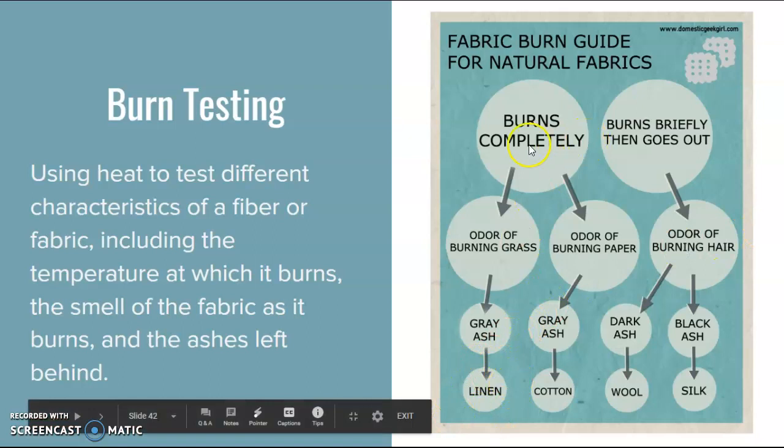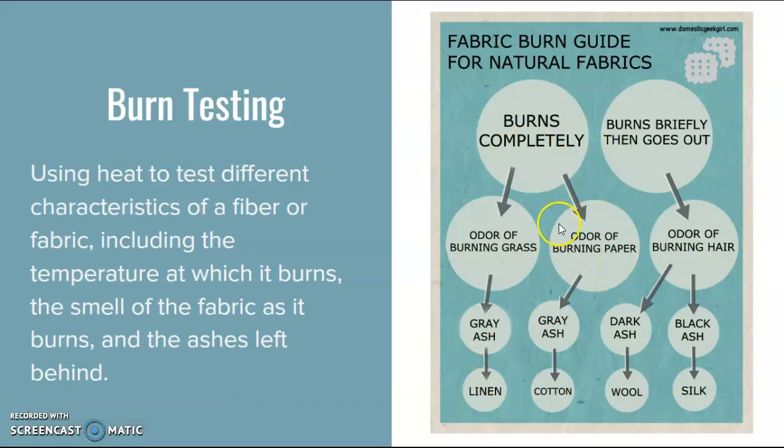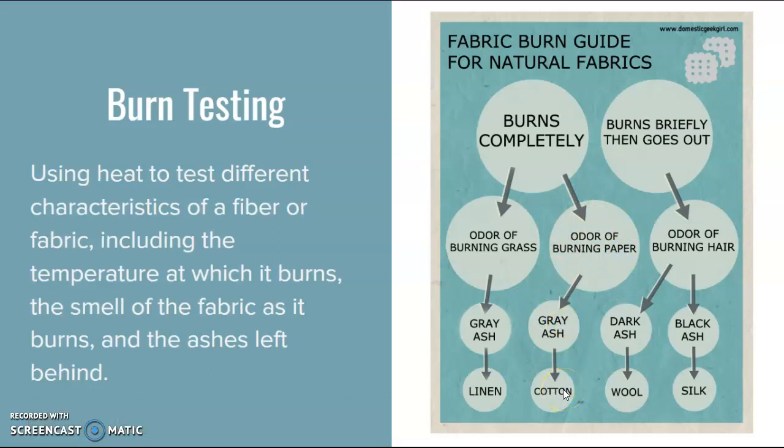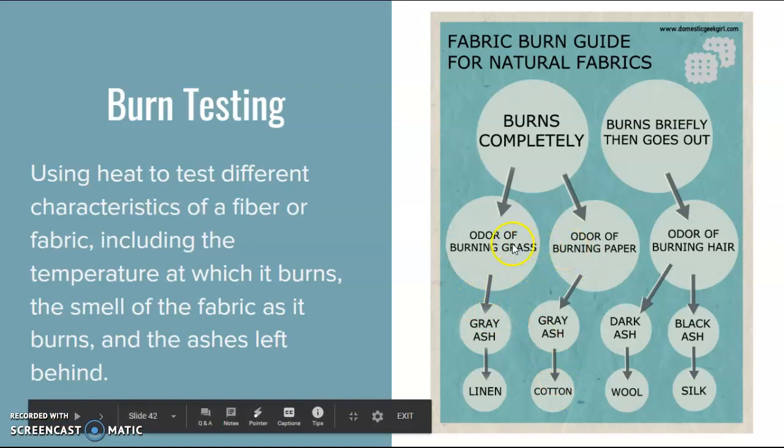If it burns completely but has an odor of burning paper and still leaves behind a gray ash, then this would be cotton. So cotton and linen are going to have very similar effects, but the odor is what can tell you the difference between the two.